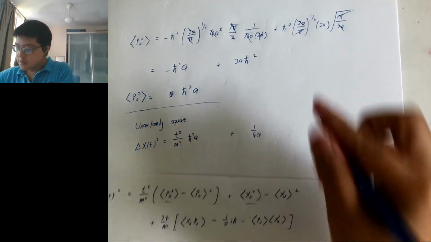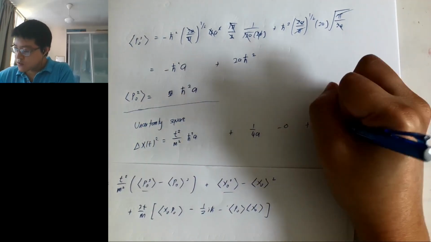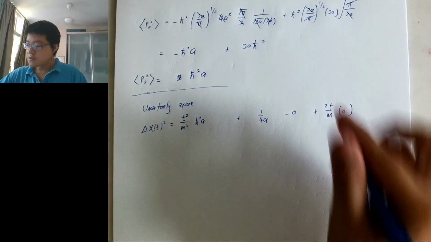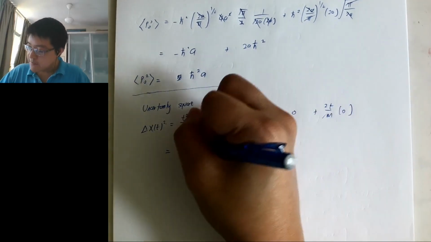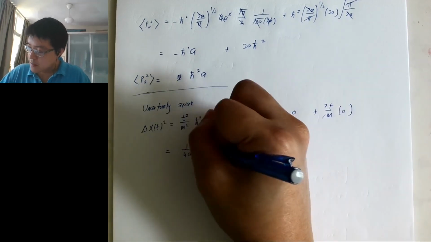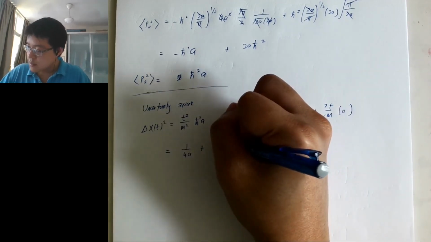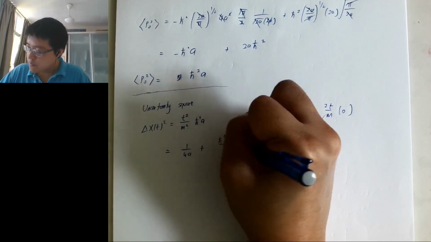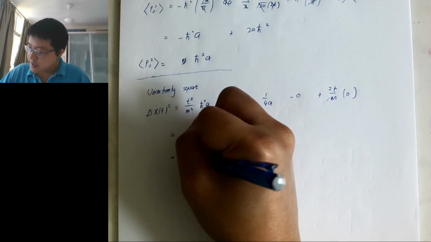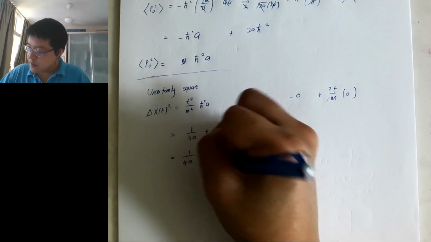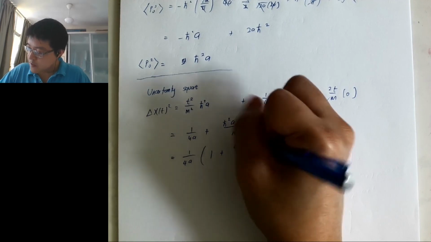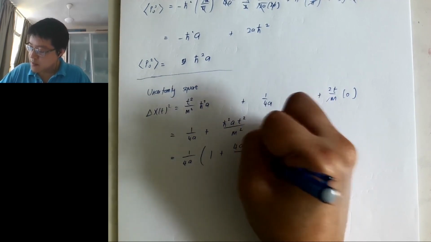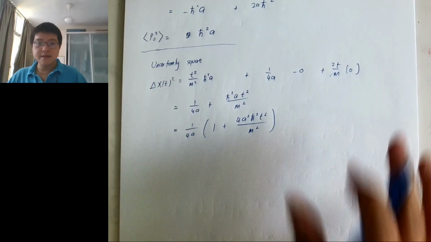This term is 0, and 2t over m, this is the correlation. We have also found that the correlation is 0. So at the end of the day, what we have is 1 over 4a plus h bar squared a t squared over m squared. If I take out 1 over 4a, this becomes 1 plus 4a squared h bar squared t squared over m squared. So I got the delta x finally.